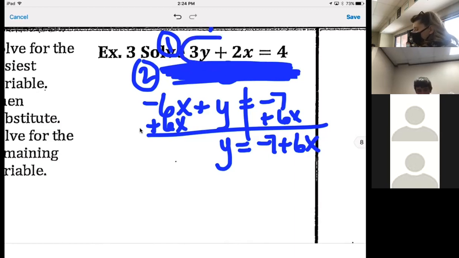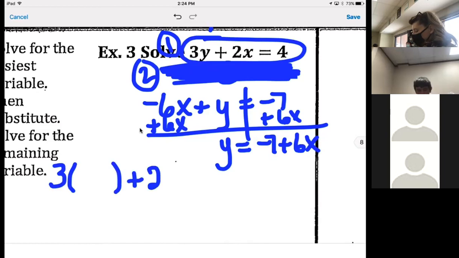Now I go to the first equation because I haven't done anything with that yet. That's the one that I'm going to replace the y with. Does it matter if the -7 is in front of the 6x? Nope, not at all. So I'm going to put my -7 plus 6x.